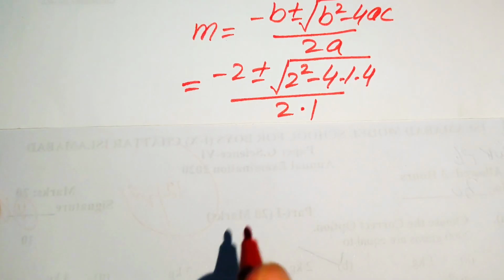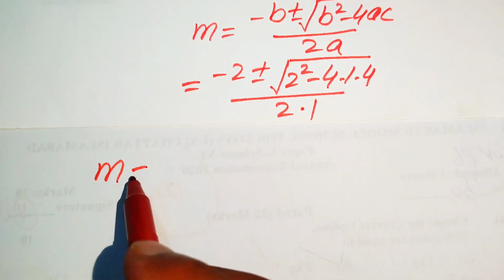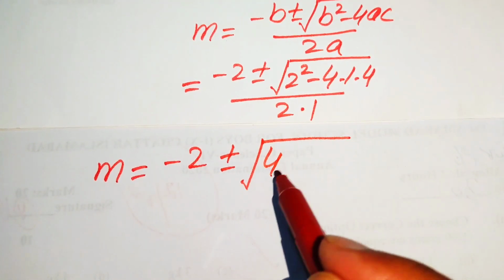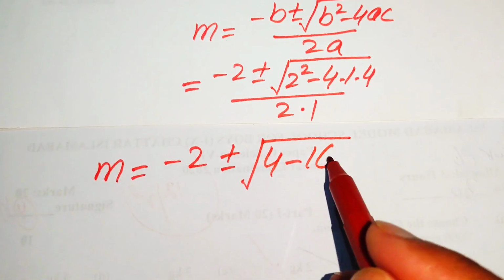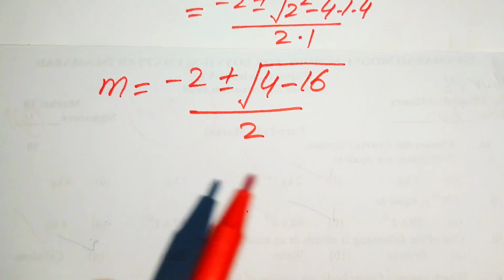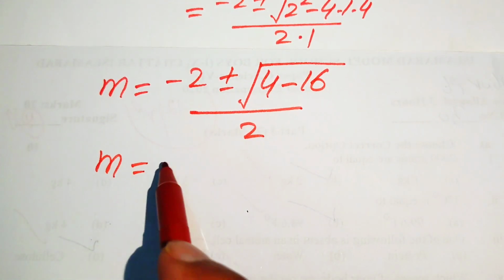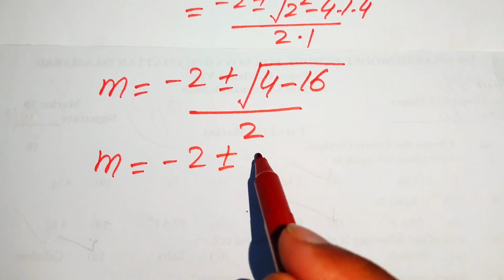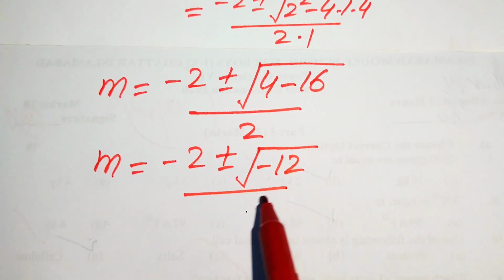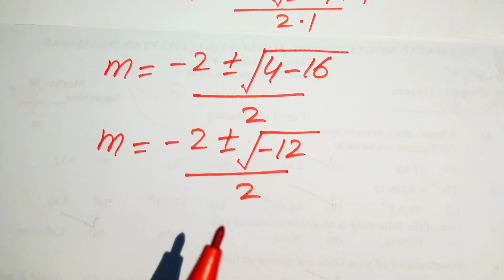And now in the next step, we need more simplifications, and we write it as minus 2 plus minus square root of 2 squared is 4, and 4 times 4 is 16, and it is divided by 2 times 1 is 2. So here we have m equals minus 2 plus minus square root of 4 minus 16 is minus 12, and it is divided by 2.